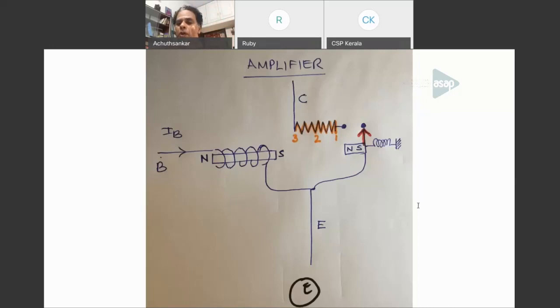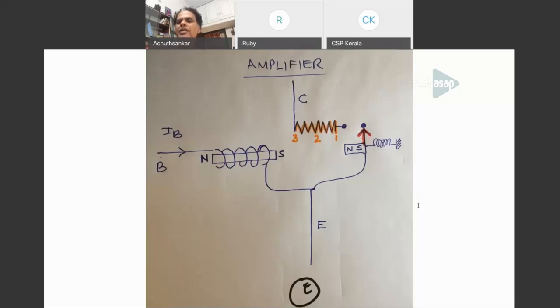That positive DC voltage applied to the base should be such that, please note, it keeps the pointer of the sliding rheostat at 2, at the middle of the resistor.